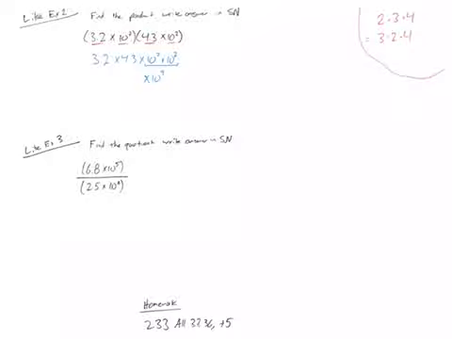And then I just need to multiply these two together, so 3.2 times 4.3 comes out to be 13.76. 13.76 times 10 to the 9th. However, this number is not in scientific notation. I need the decimal place to be here, right?